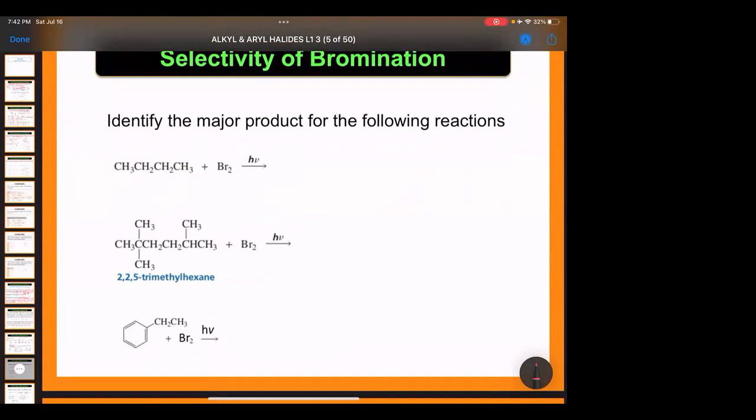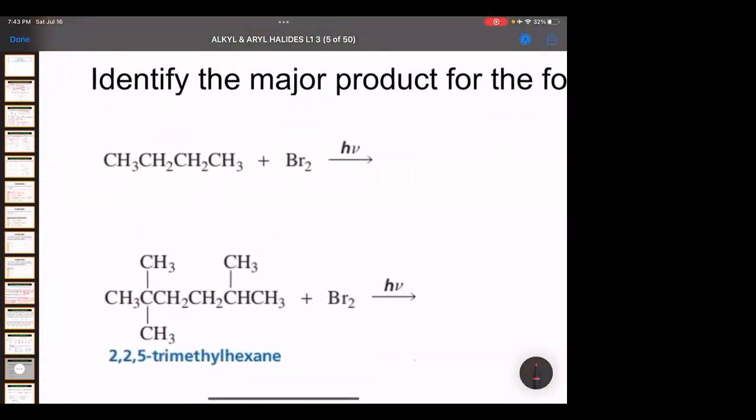So we have discussed the underlying reason for the selectivity and what is selectivity. But now the main thing which is required for solving the questions and for the identification of major product. So identify the major product in these reactions.